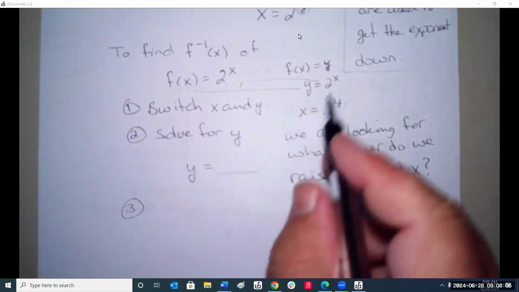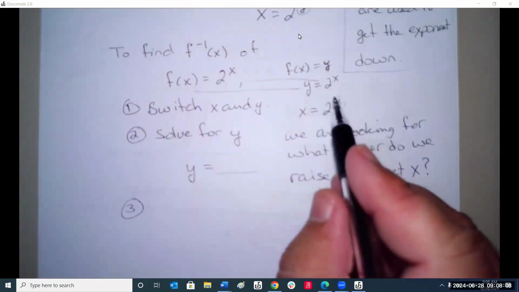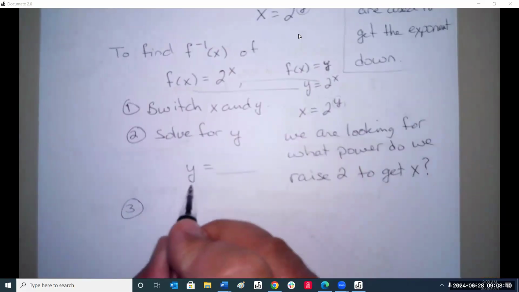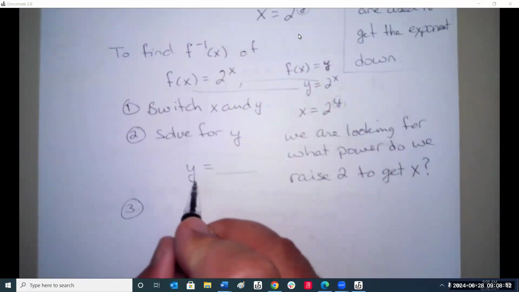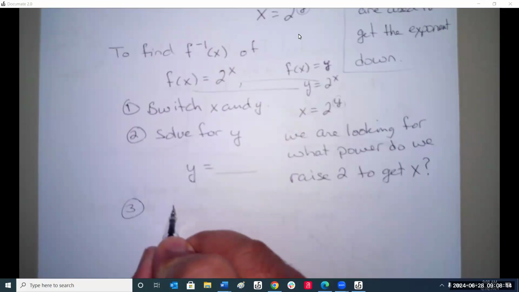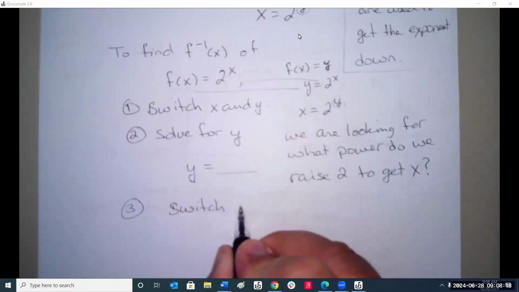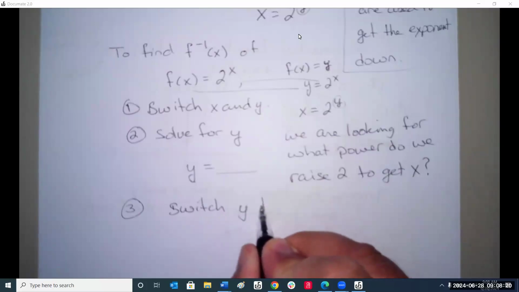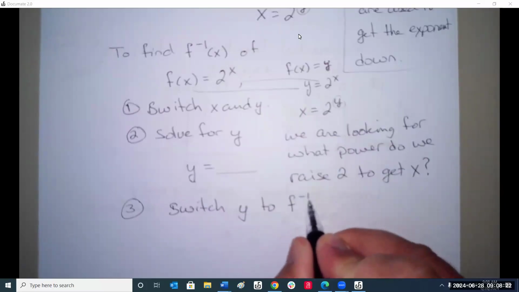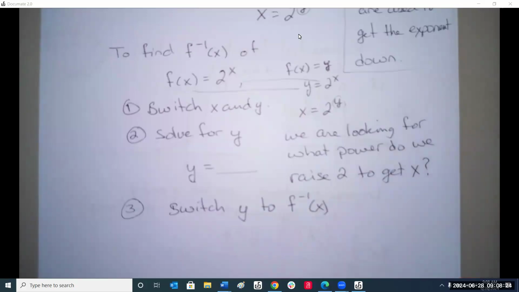Well, once we figure that out, and I'm going to show you the formula in a second. Remember, since we solve for y, switch y to the inverse function.